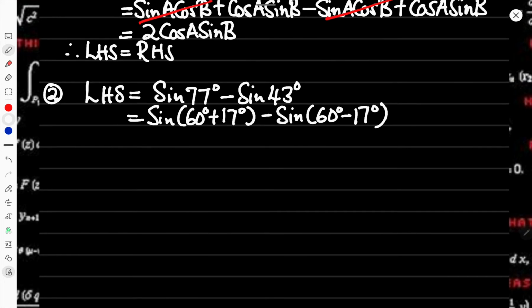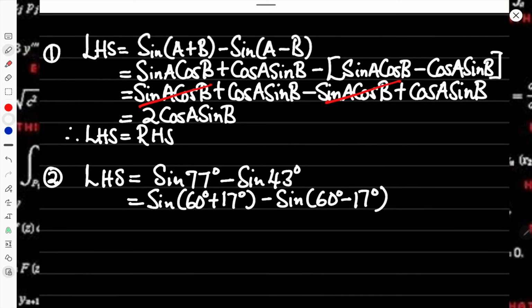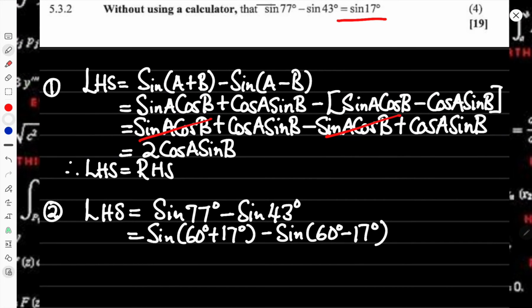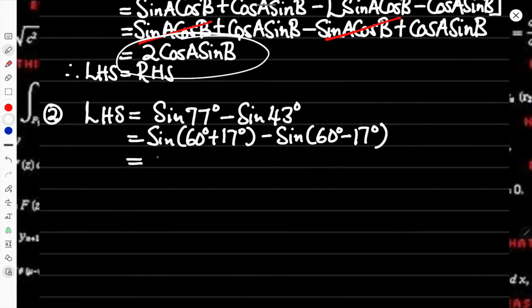So let's go and expand here. Because already we've done that, let's write this fact here, that we're going to get 2 cos A, we know it's 60, sine B, we know B is 17.